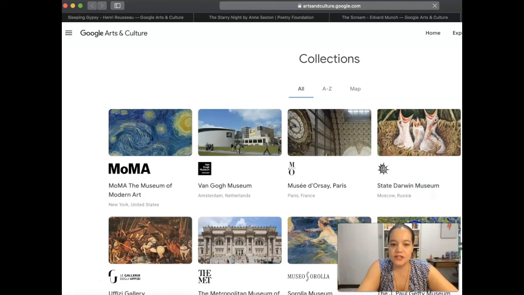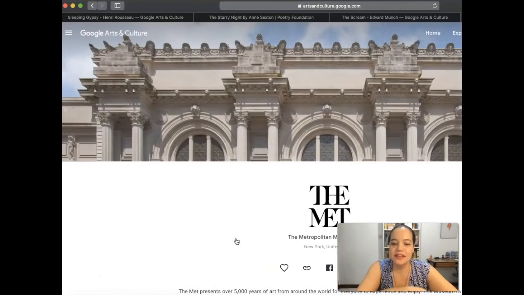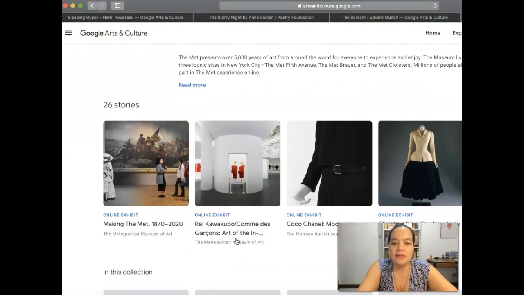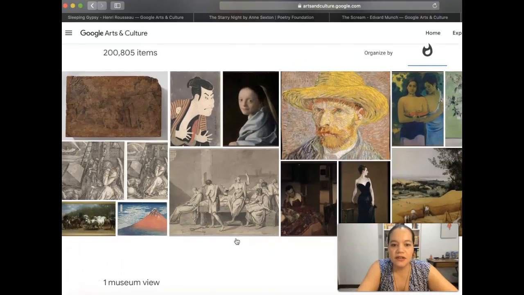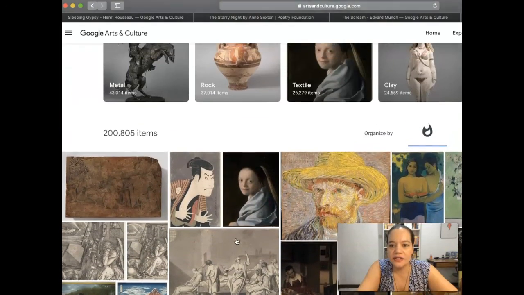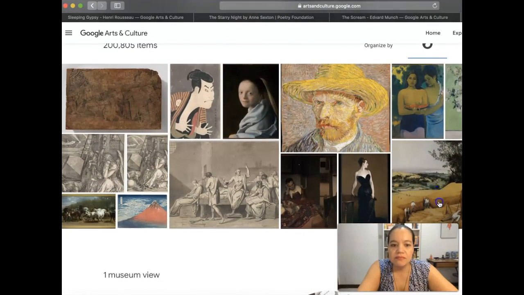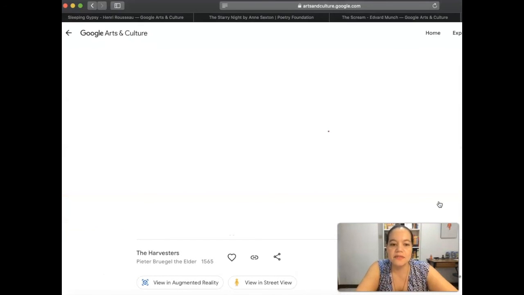Let's say that they choose the Metropolitan Museum of Art. Okay. There are many, many, many paintings there. So let's take a look at this painting, perhaps. Okay.